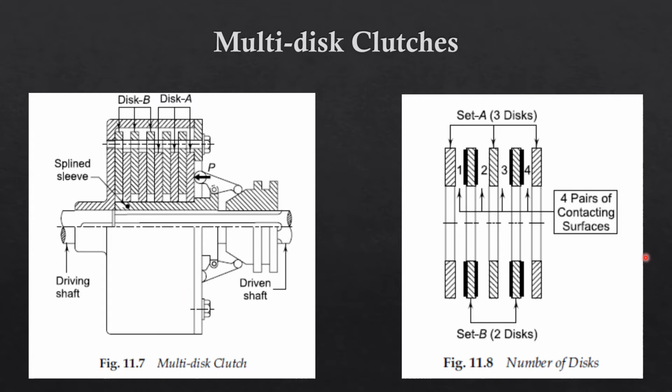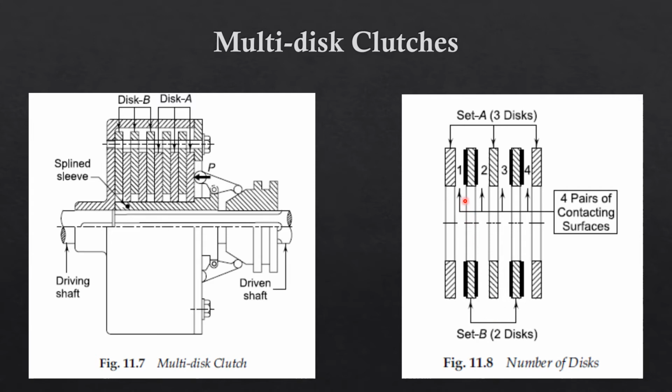Now there is one important data here: 4 pairs of contacting surfaces. The total number of discs here is 1, 2, 3, 4, 5. Totally you have 5 discs, 3 of set A and 2 of set B. Now how many surfaces are in frictional contact?